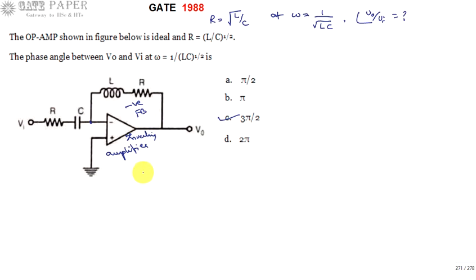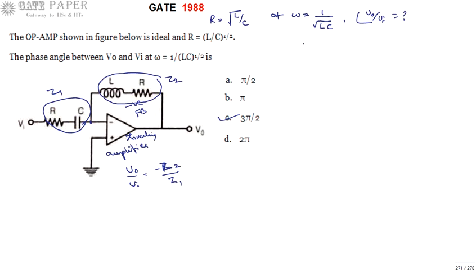For the inverting op amp, V0 by Vin is equal to minus Z2 divided by Z1. Z2 is the feedback impedance, the total impedance in the feedback path, and Z1 is the input impedance.